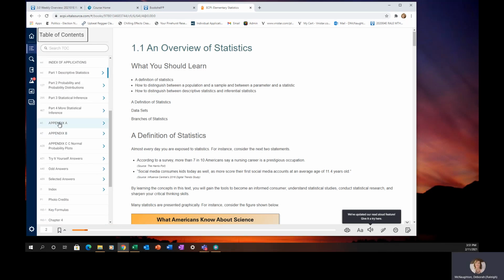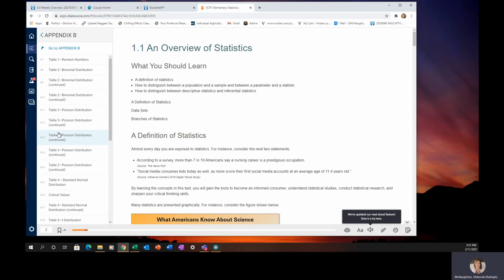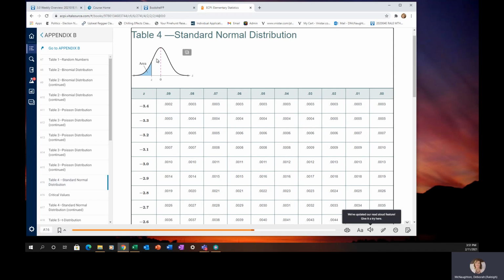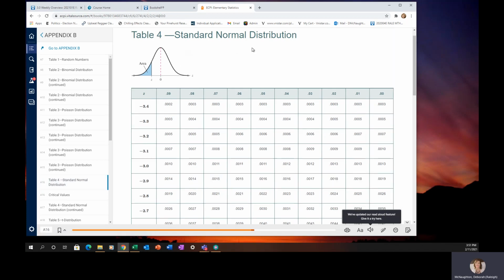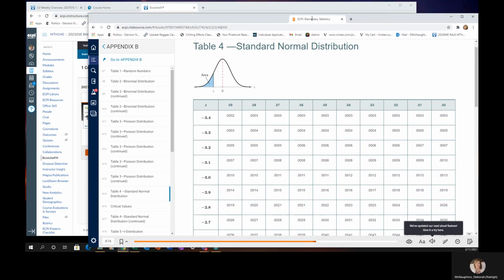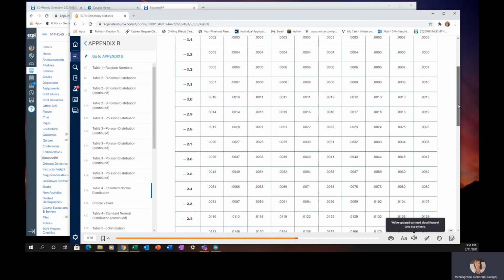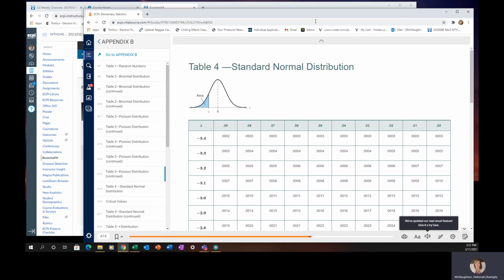Okay, and I think it's in Appendix B. Okay, so table 4 is the standard normal distribution. So this is the one we want. So again, I went to Appendix B, table 4, right? So this is where we find it. So this is the standard normal distribution table. I recommend you download a copy and keep it somewhere, but I'll also show you how to do this in Excel.